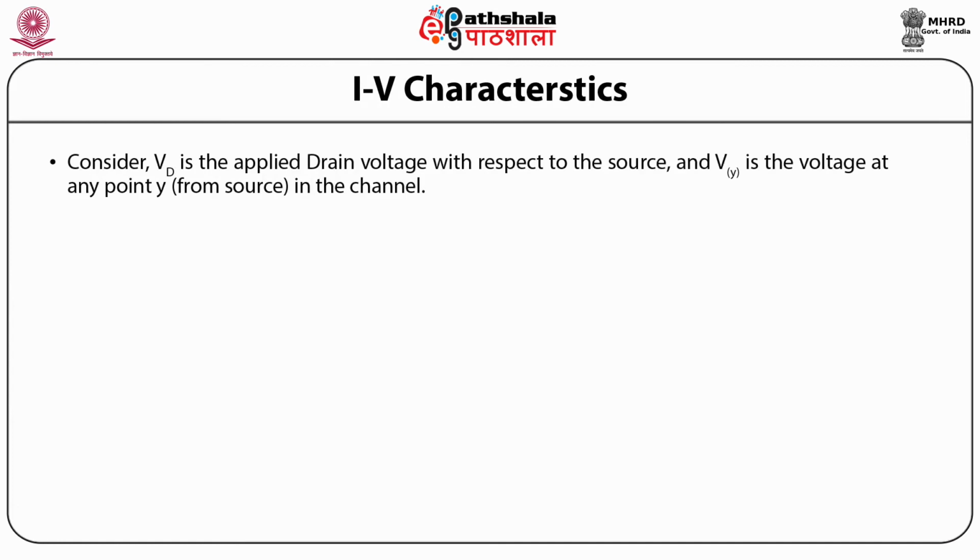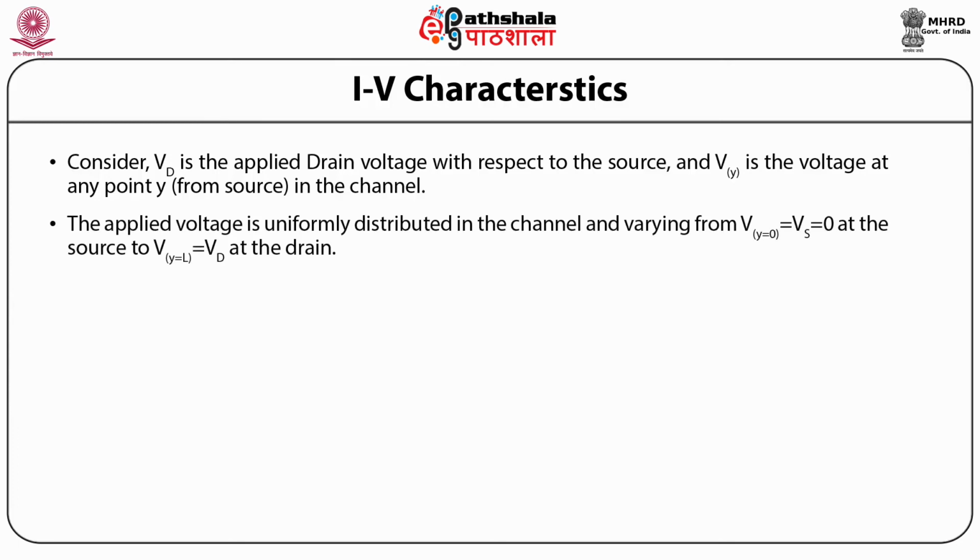So consider VD is the applied drain voltage with respect to the source, and Vy is the voltage at any point Y from the source in the channel. So the applied voltage is uniformly distributed in the channel and varying from V at Y equal to 0, equal to Vs equal to 0 at the source, to V at Y equal to L, equal to Vd at the drain.